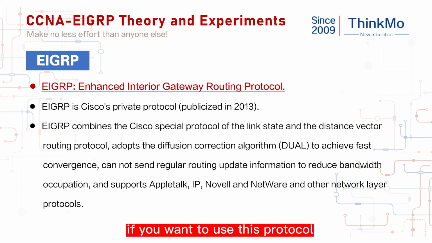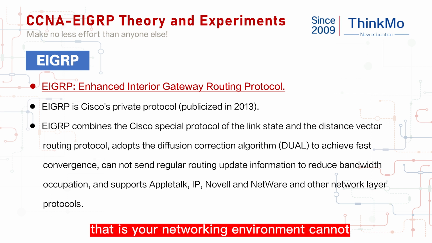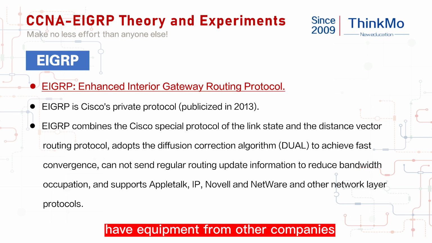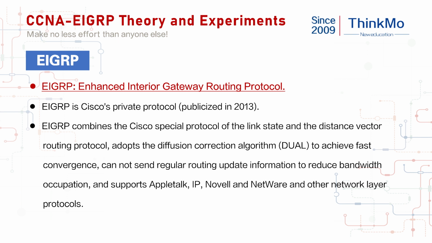Before it was made public, if you wanted to use this protocol, all equipment had to be Cisco. That is, your networking environment could not have equipment from other companies, because other devices do not support it. So it didn't hit the market at all. Very low occupancy. Very good technology, but no one used it.